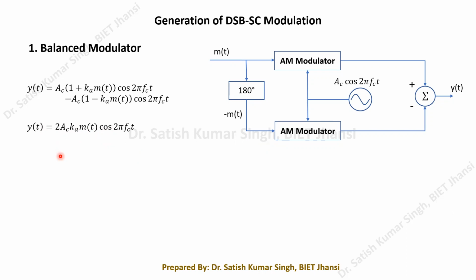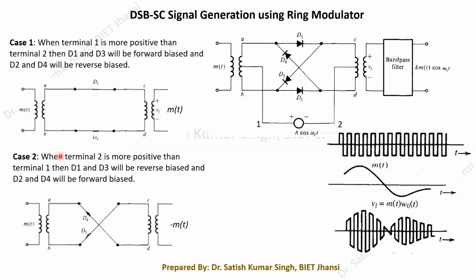Now we have to look at how this ring modulator works. So let's see this circuit. First of all, in the ring modulator, we have this particular circuit. In this circuit, we have this transformer, and another transformer is connected at this side. From this transformer, we have our message signal connected here.